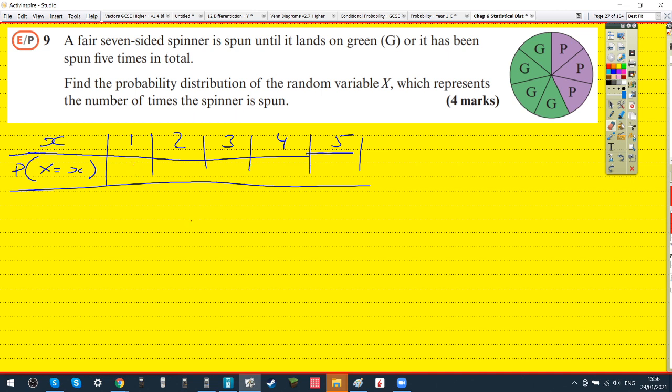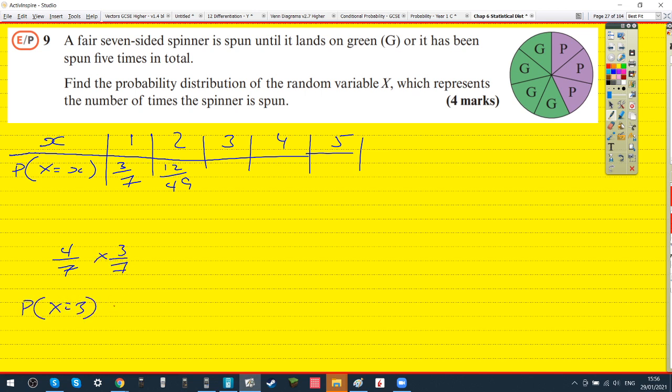Yeah. And that's 12/49. Yeah. And then for 3, will it just be 3/7 squared plus 4/7? No, times, sorry, times.